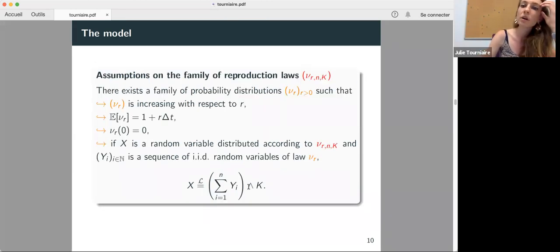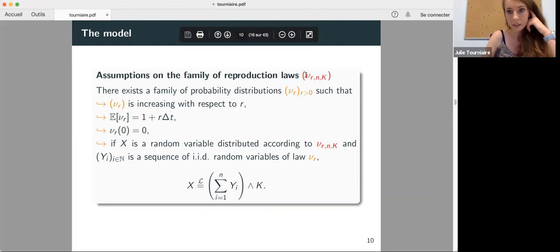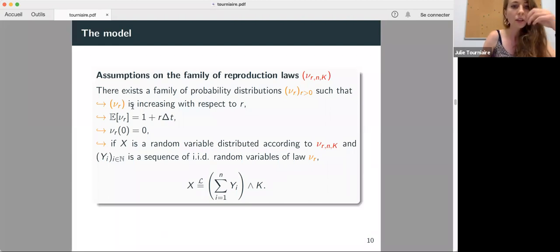So what we assume on the law nu of n_k, essentially it is the law of a truncated sum. The sum is the sum over all the parents of the number of children, if we assume that they reproduce independently according to a law nu_r that depends only on the growth rate r. And we assume that this law nu_r is increasing in the sense of stochastic domination with respect to r.